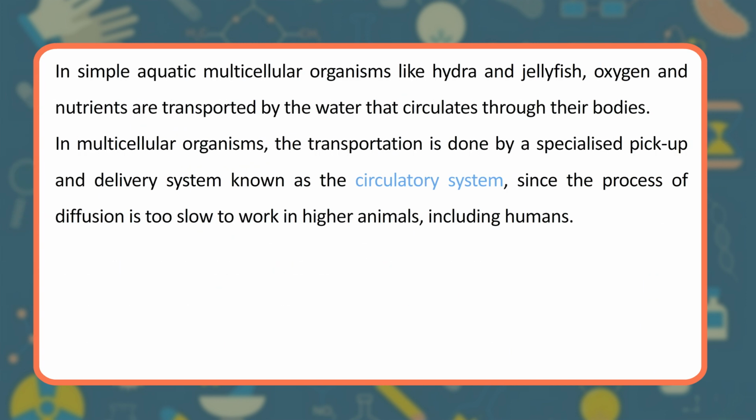In simple aquatic multicellular organisms like hydra and jellyfish, oxygen and nutrients are transported by the water that circulates through their bodies. In multicellular organisms, the transportation is done by a specialized pickup and delivery system known as the circulatory system, since the process of diffusion is too slow to work in higher animals, including humans.